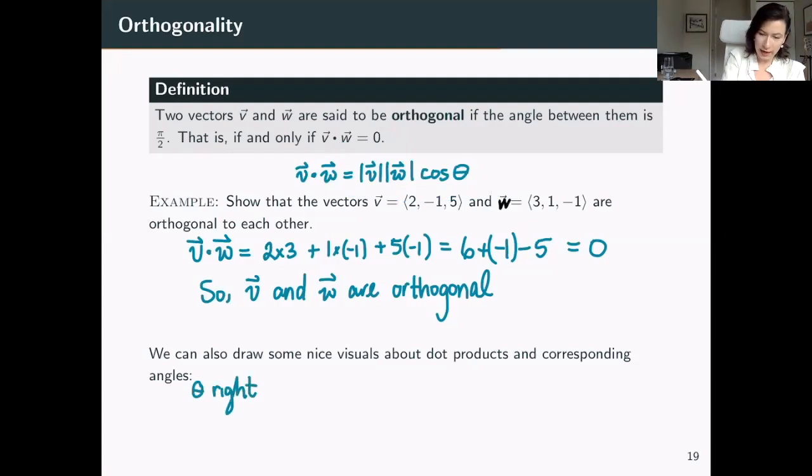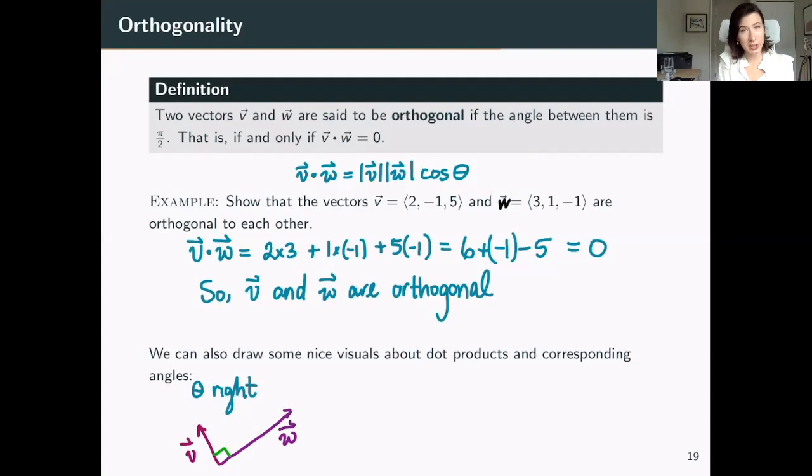First, I have a vector V and another vector W, where the angle between these two vectors is a 90-degree angle. We've proven that up above in the definition, as well as a corresponding theorem.